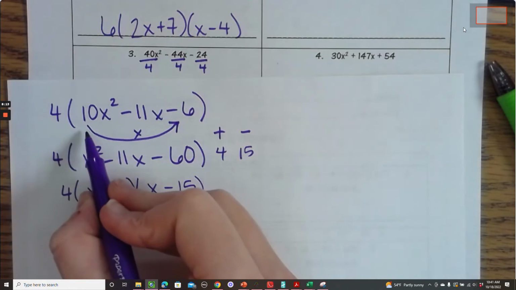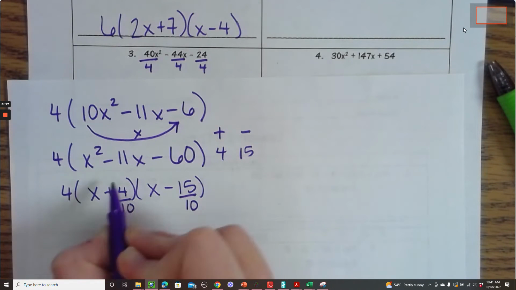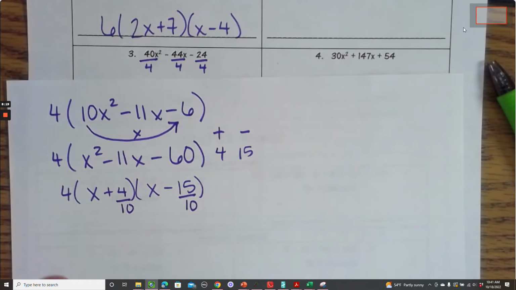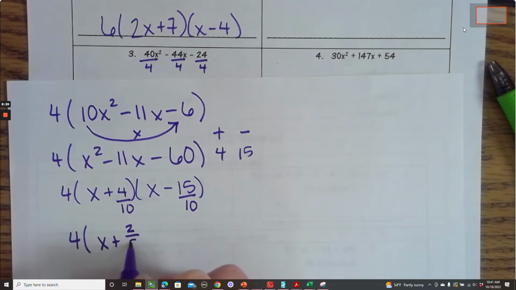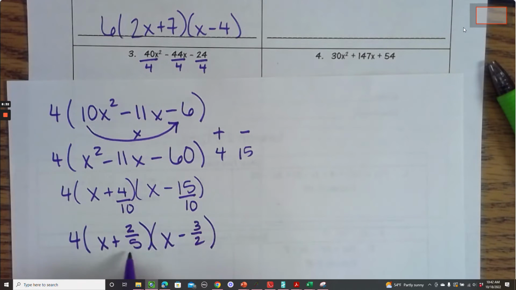No. All right, I slipped a 10. Now remember, you have to simplify these fractions before you slide it back out. So 4 over 10 simplifies to 2 over 5. 15 over 10 simplifies to 3 over 2. Slide that denominator back in the coefficient spot.